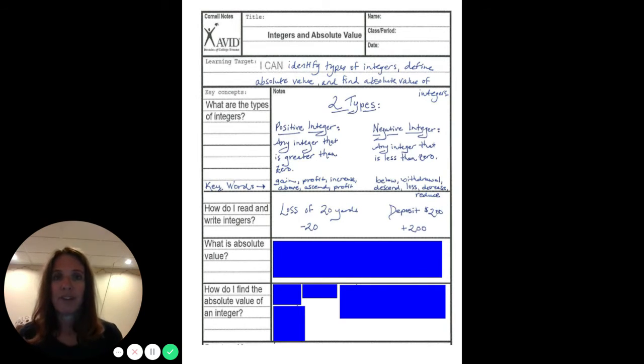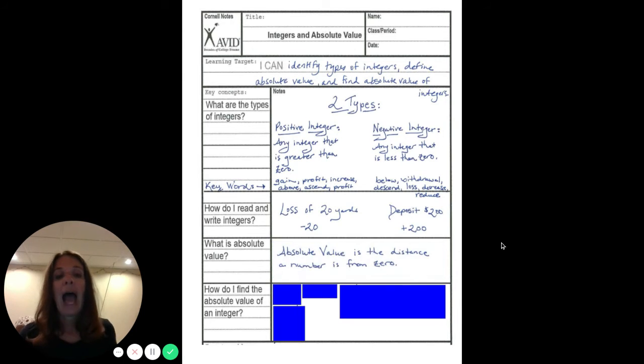All right, our next definition is absolute value. You talked about this a little bit last year, so hopefully you have an understanding. But here's the definition again, just to refresh your memory. Absolute value is the distance a number is from 0.